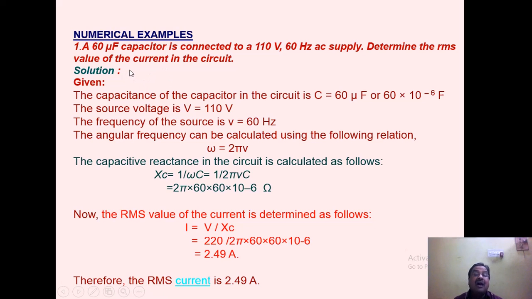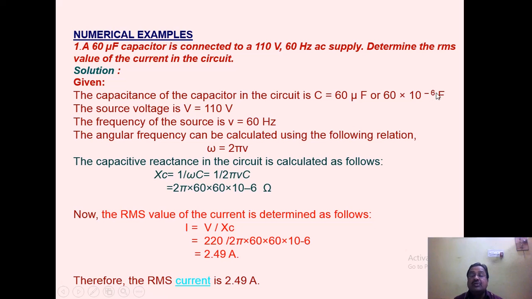First one here: a 60 microfarad capacitor is connected to a 110 volt, 60 hertz alternating current supply. Determine the RMS value of the current in the circuit. First, let us note down the given physical quantities. The capacitance of the capacitor is 60 microfarad, and 1 microfarad is 10 to the power minus 6 farad.